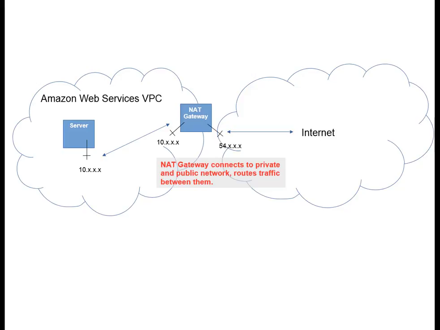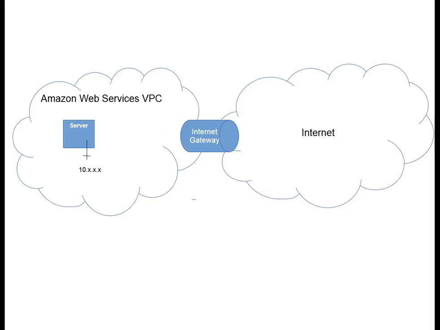Now, the way that this actually works is that you've got to have some kind of internet gateway established between a VPC and the public internet. But you don't actually have to have network address translation set up in order for this server to get out across the internet. You can take the VPC that it is connected to and connect it to an internet gateway.